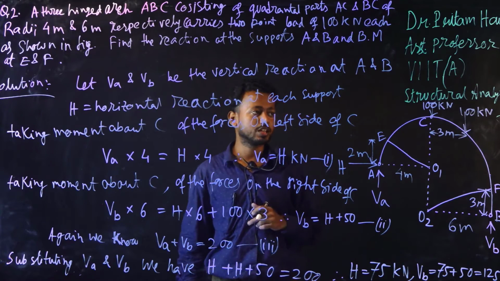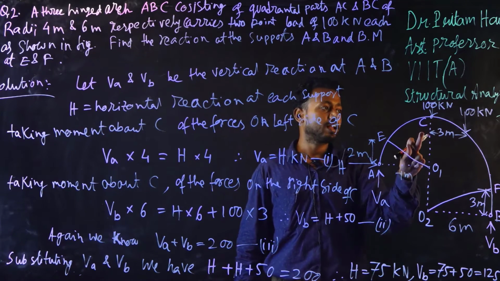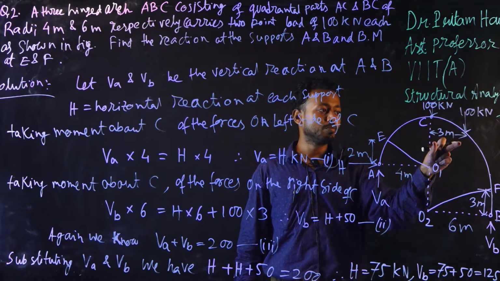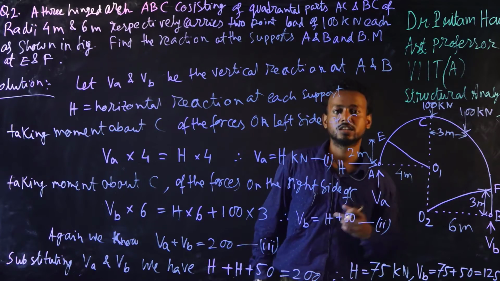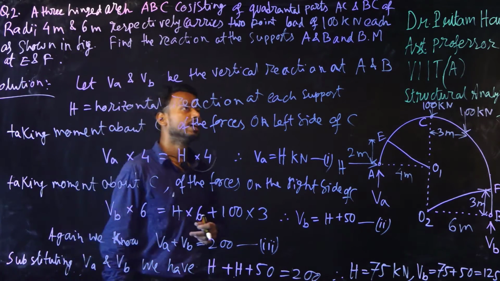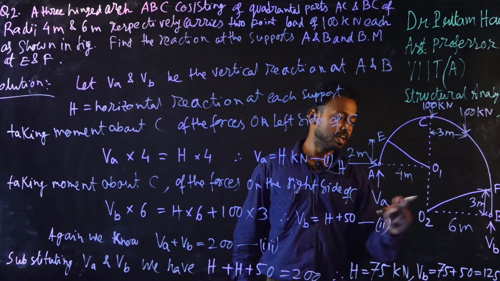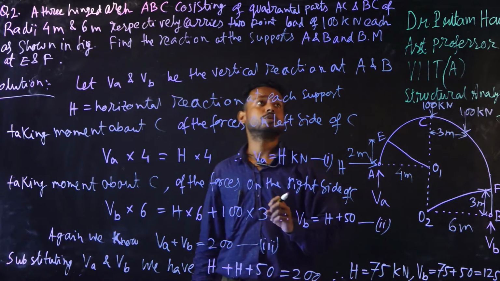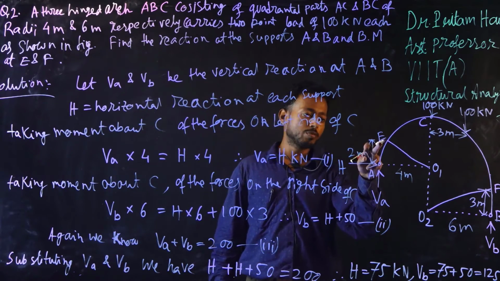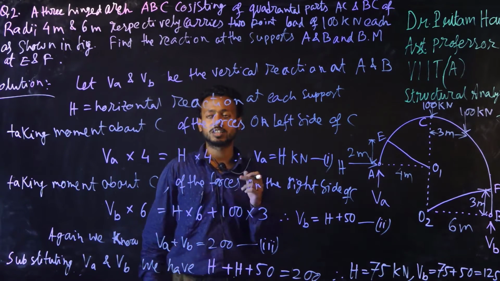So two loads are working here. 100 kilonewton is working at C point, another 100 kilonewton is working 3 meter apart from C point on the right side, right? So find out the reactions at supports A and B. We have to calculate the reactions, that means VA and VB, and then we have to calculate the bending moment at E and F. That means at E point we have to calculate the bending moment, at F point we have to calculate the bending moment. Let's get started.